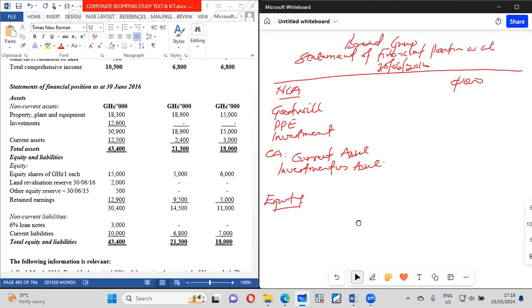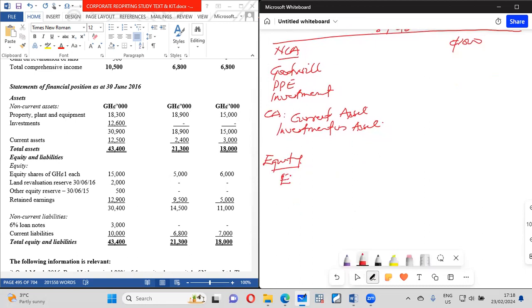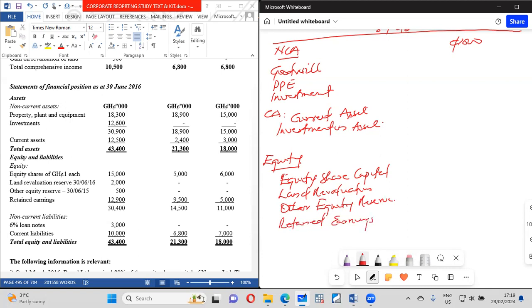We have the equity share capital, land revaluation, other component of equity, the equity reserve, and retained earnings, which will come with our workings 5.